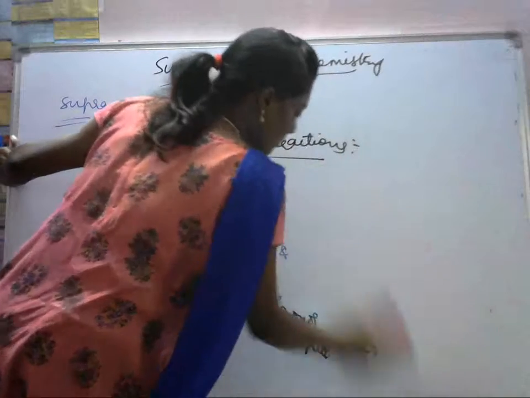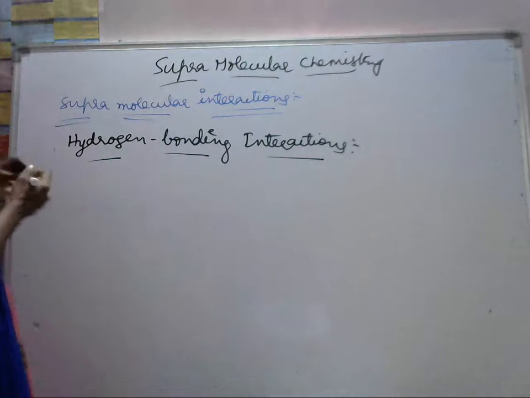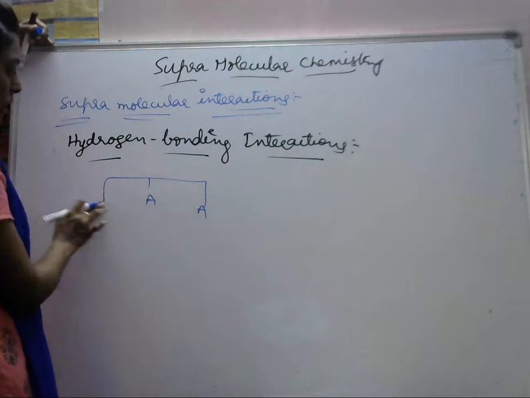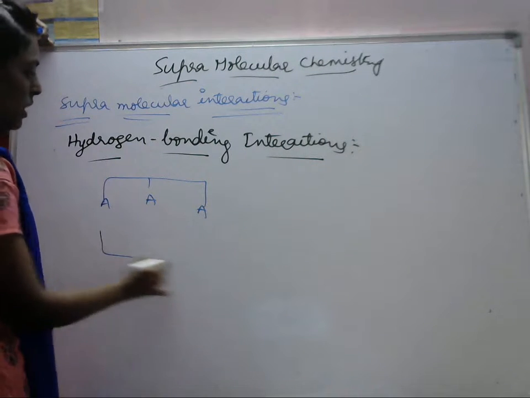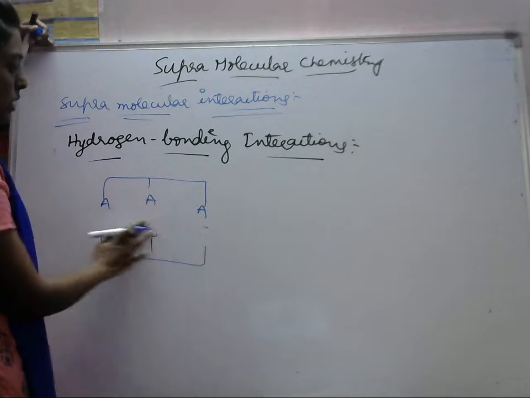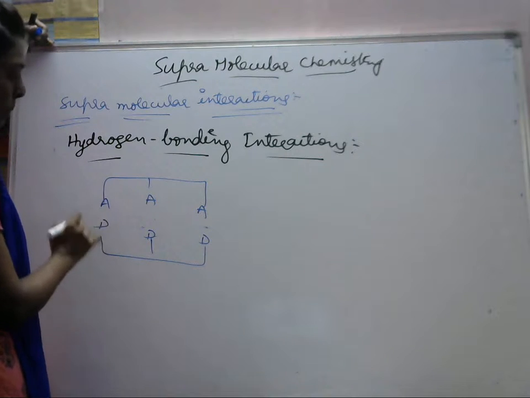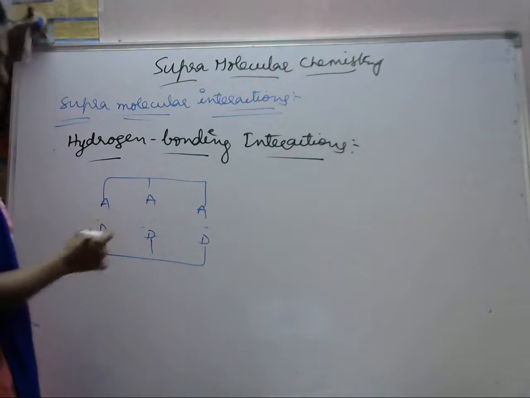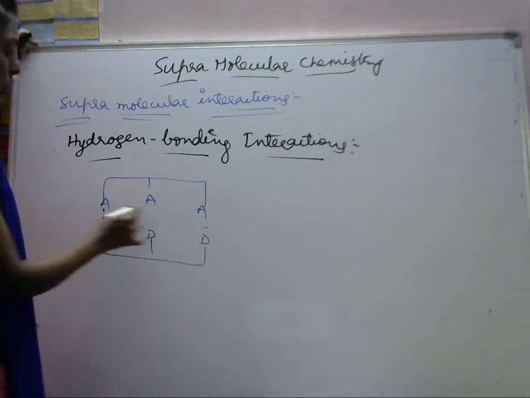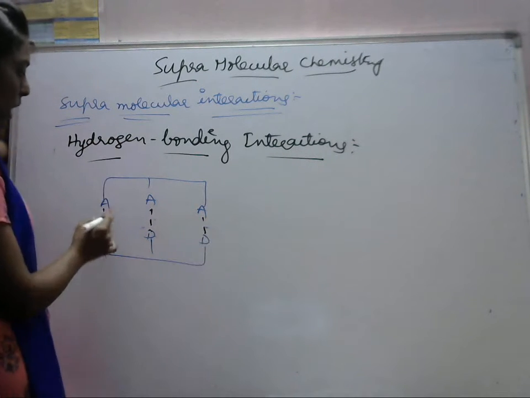Here we have A, then D, D, D and D. Interactions are present between these, here also, and here also.